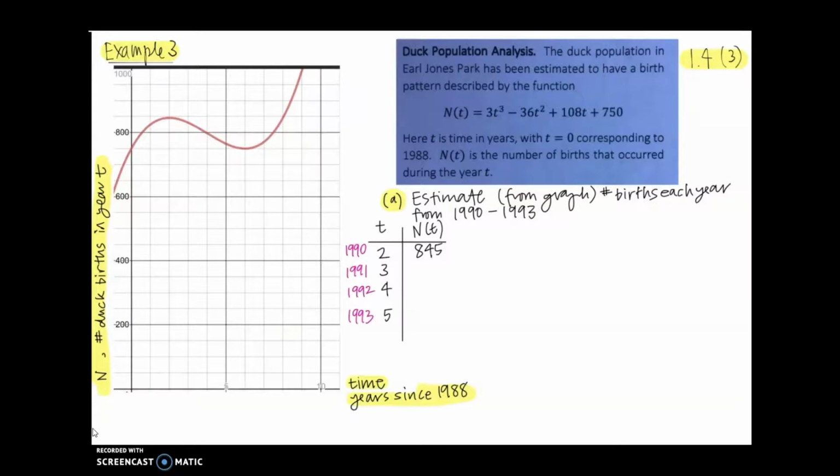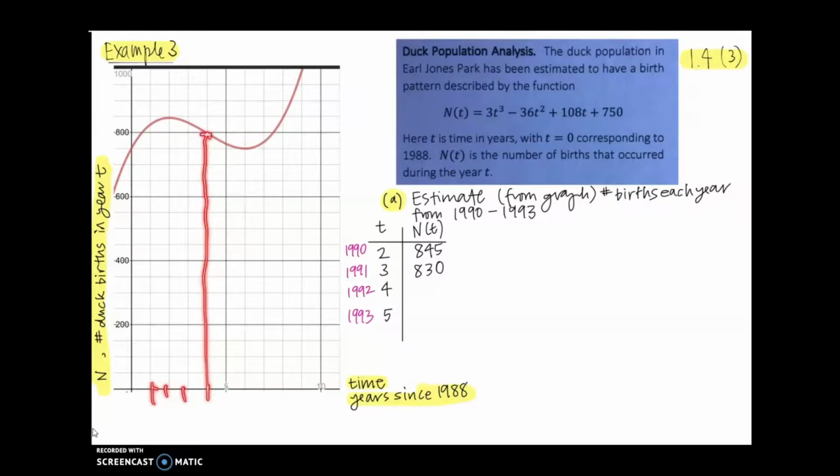So this will be t equals 3, this will be t equals 4, and this is 5 years after 1988. Okay, so let's go back and figure these out. T equals 3, 1, 2, 3. Okay, so again, this was 850, so maybe like 830 for 1991, and then 1992 will be 4 years after, 1, 2, 3, 4.